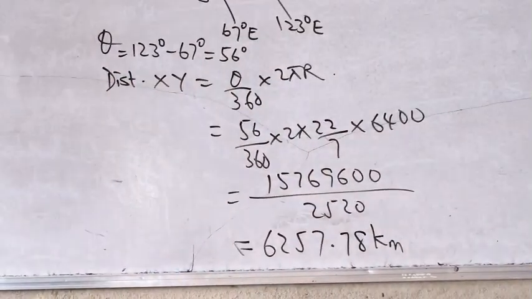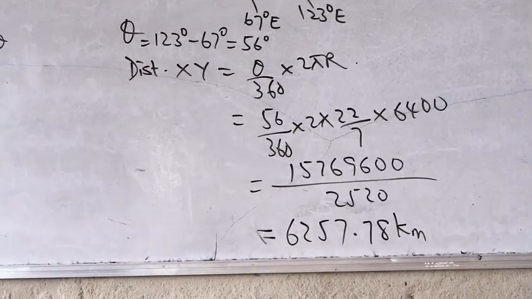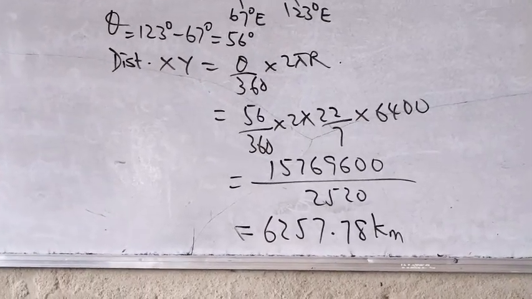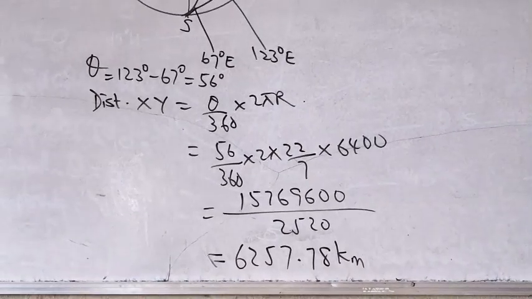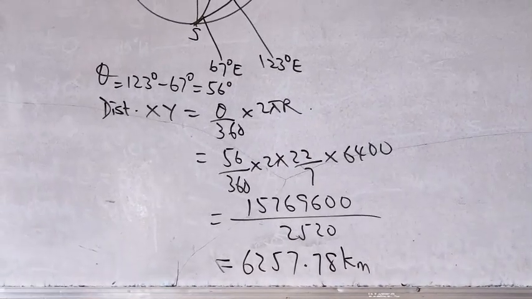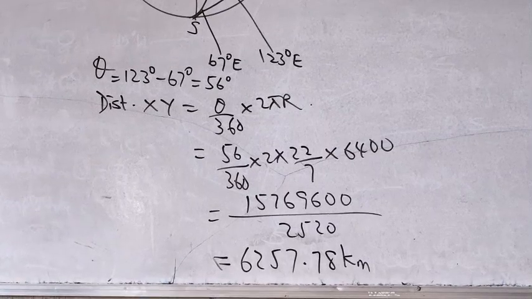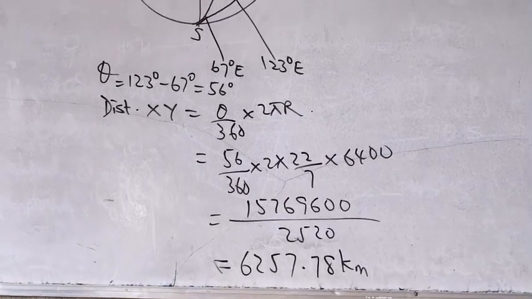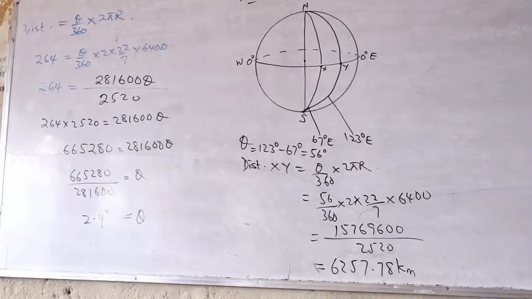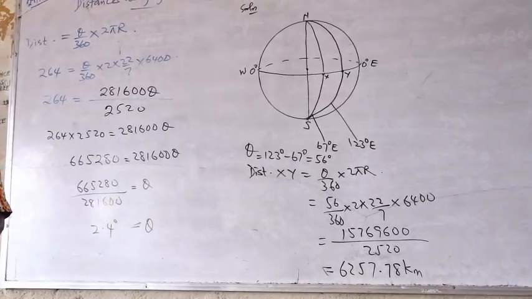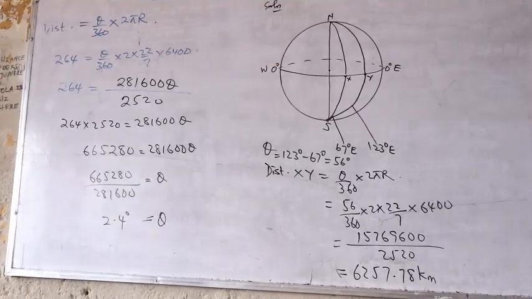There's no degree of accuracy in the question. Do we have a degree of accuracy? Let's leave it. 6,257.78 kilometers. So that is the distance between X and Y on the great circle, on the equator. Are you with me now? So that is the first question, A.